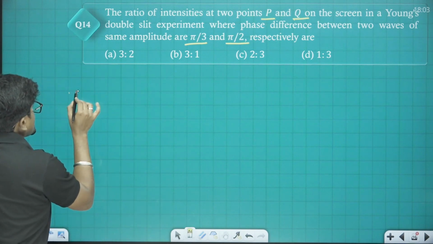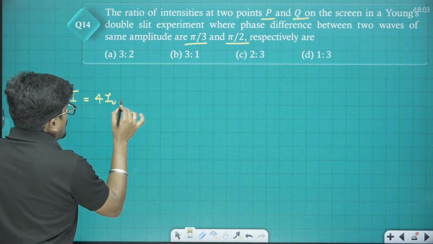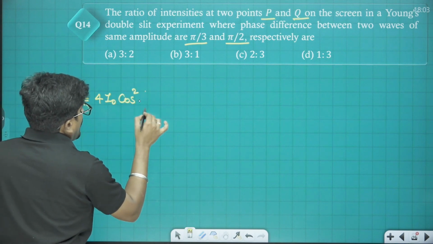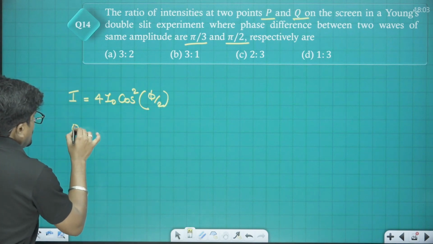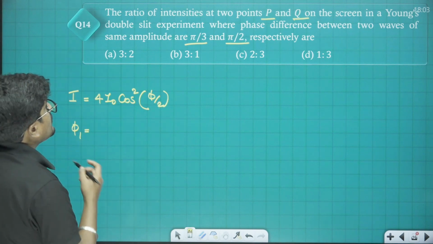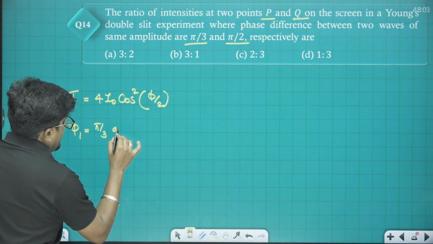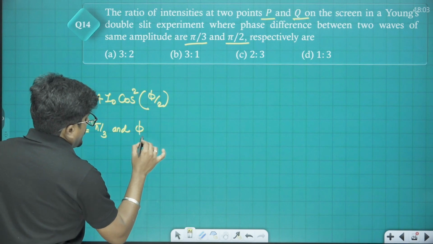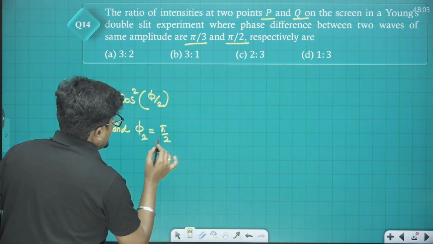So what is the general expression? General expression for intensity is 4 times I naught into cos square phi by 2. So here, phi 1 is marked as pi by 3 and phi 2 is marked as pi by 2.